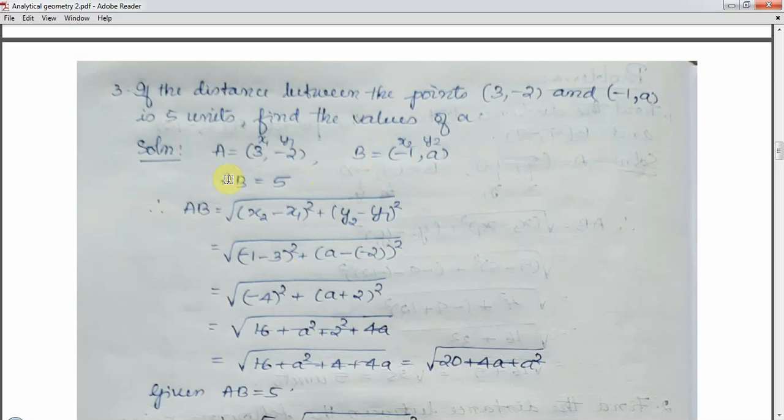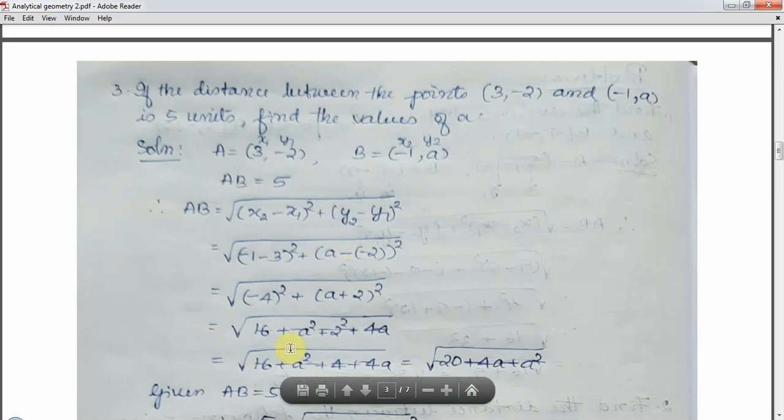So we will apply the distance formula, but this time we know the distance. I will apply the distance formula, x1 y1, x2 y2, that becomes square root of x2 minus x1, that is minus 1 minus 3 whole square plus a minus of minus 2 whole square. So minus 1 minus 3 becomes minus 4 whole square plus a plus 2 whole square.